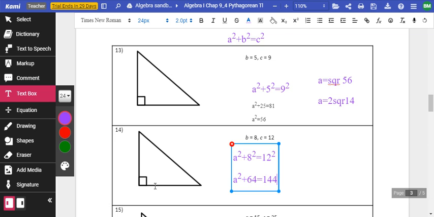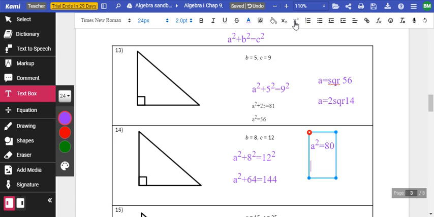And then we're simply going to subtract 64 from both sides. So 144 minus 64 gives us 80. So we end up with A squared equals 80. Then we're going to take the square root of both sides. So we get A equals the square root of 80.